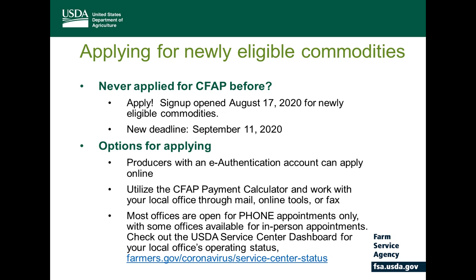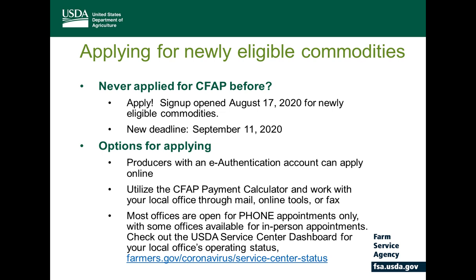You can apply online. Our offices are available for appointments and telephone appointments only, or some of our offices, but a lot of them are still closed. So a lot of this can be done online. There is a process that is very secure. We have tools in place where you can actually enter your information into the calculator.